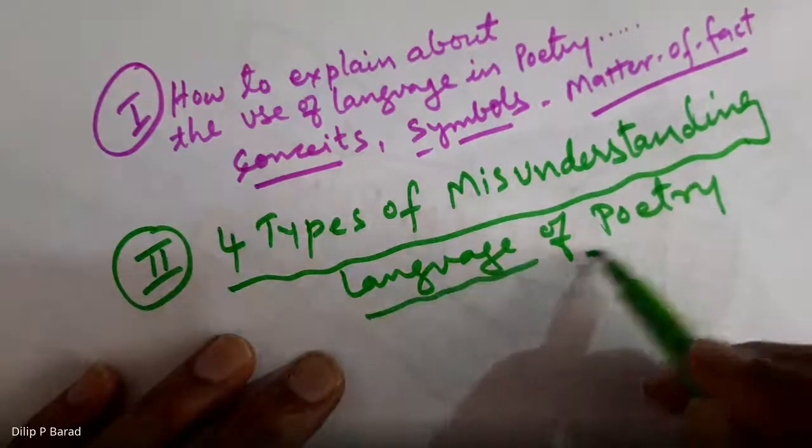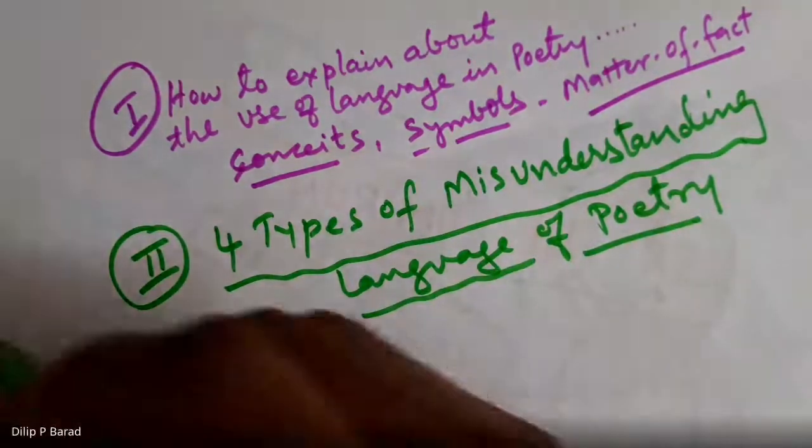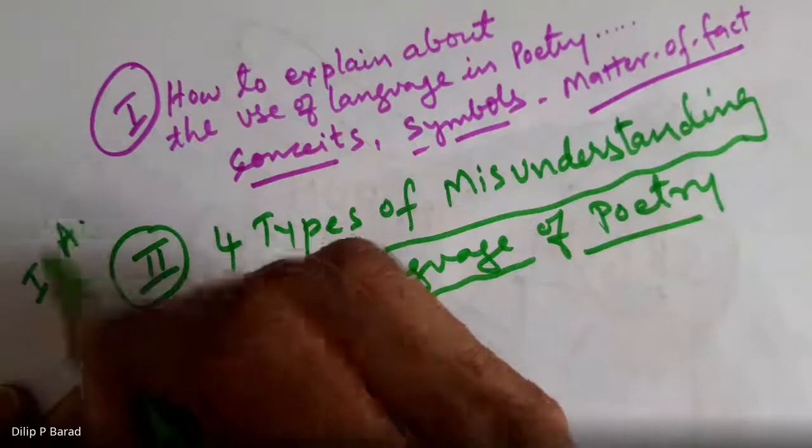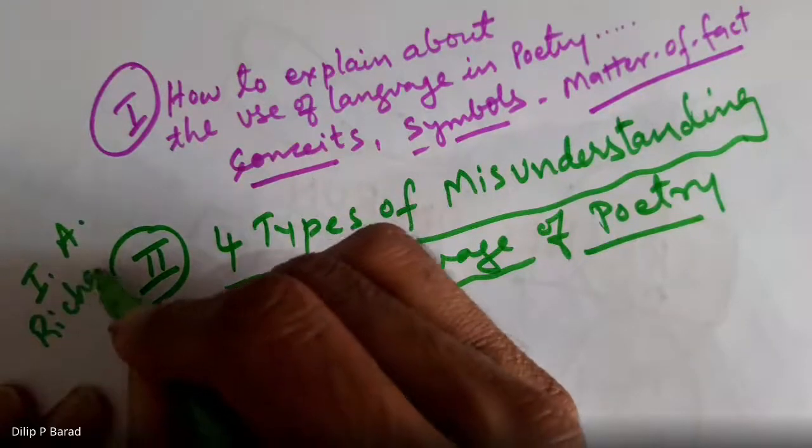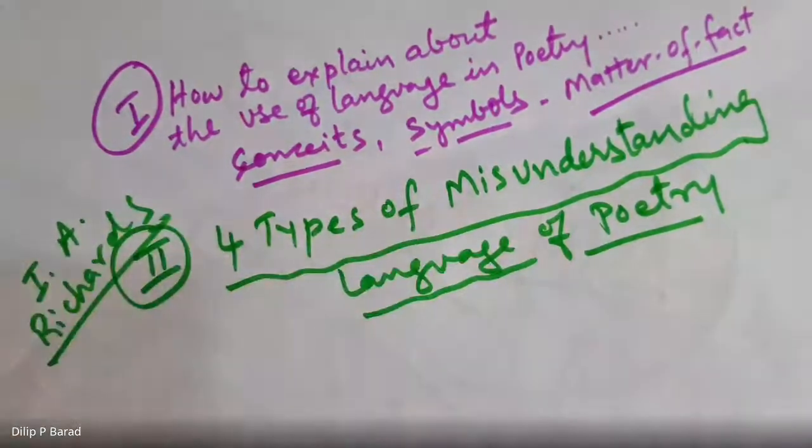I. A. Richards writes in Figurative Language four types of misunderstanding that are there.